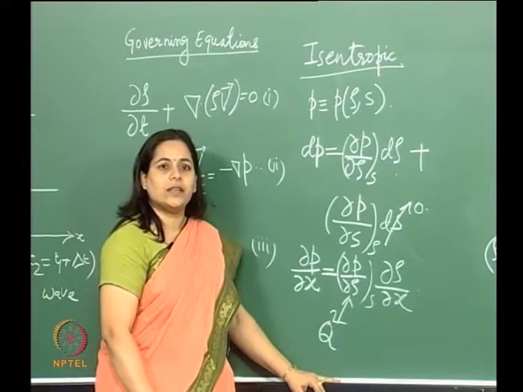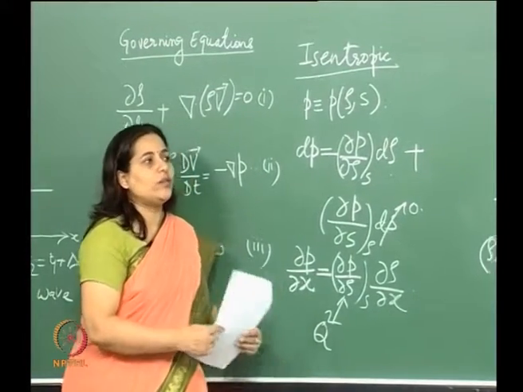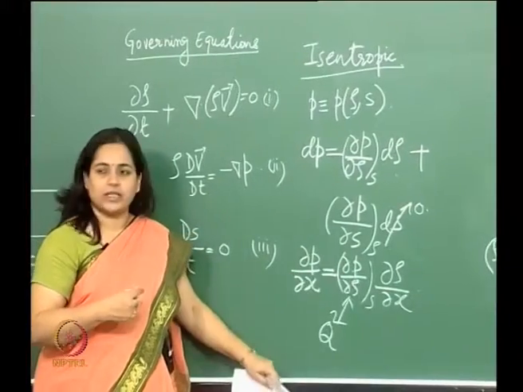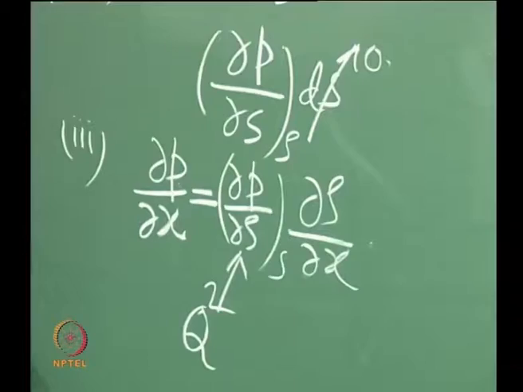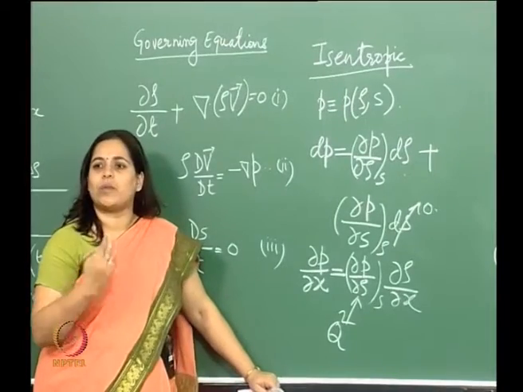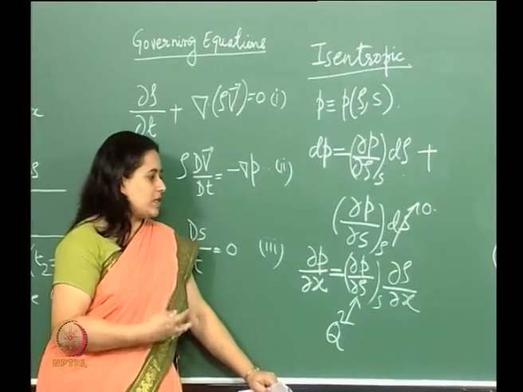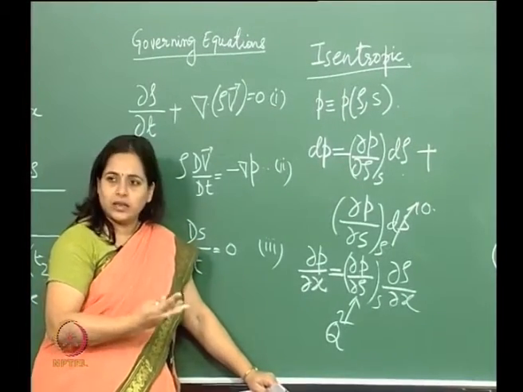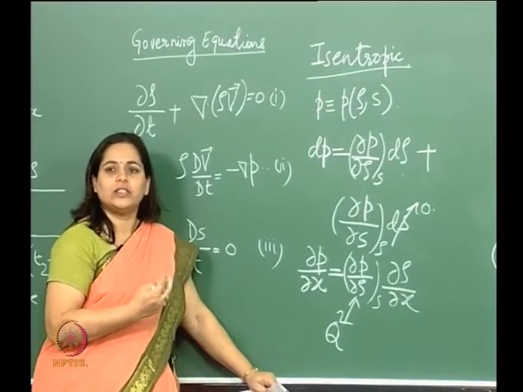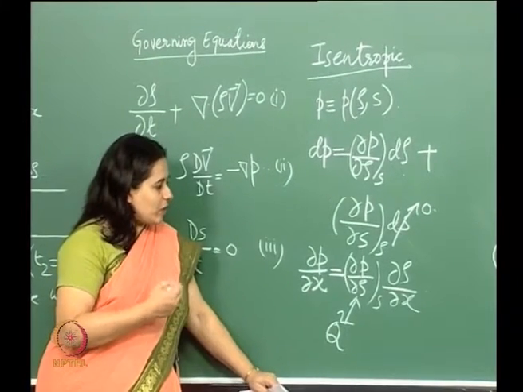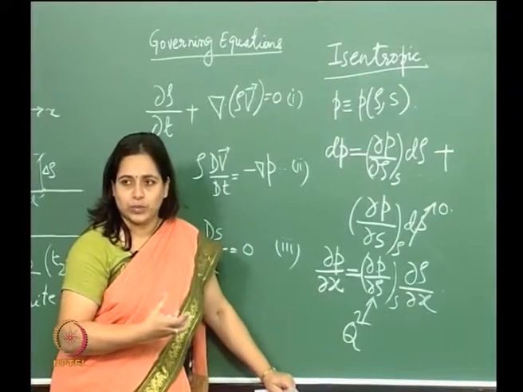This q square is basically representing that. Let us say that we are starting from ambient conditions, pressure and density ambient conditions, and to that we are adding changes. So, how do I find out that particular change?